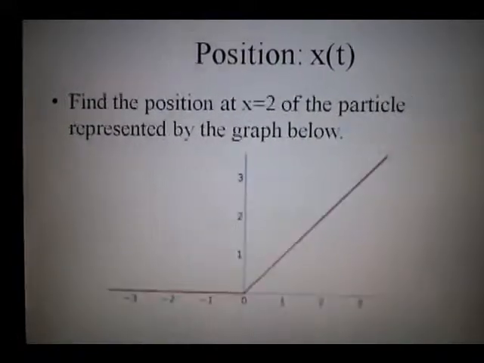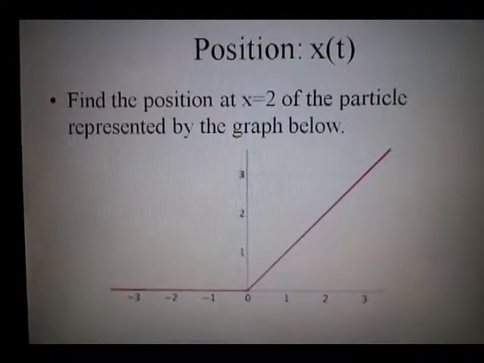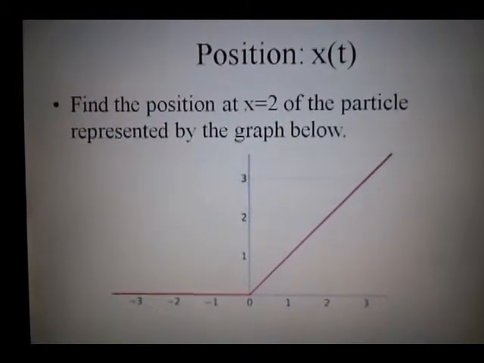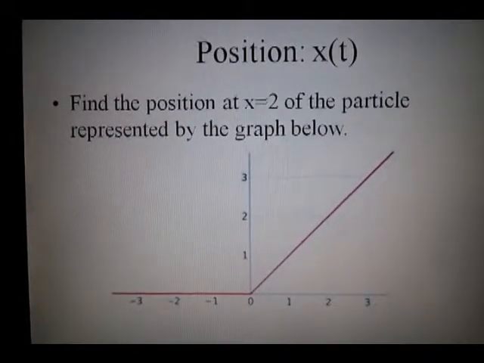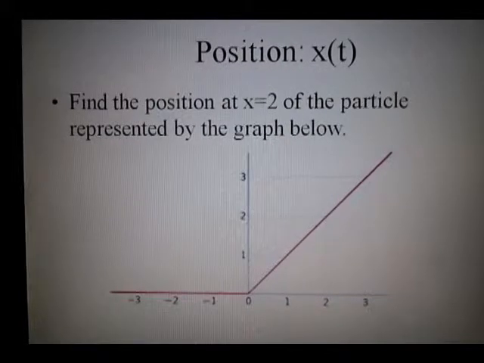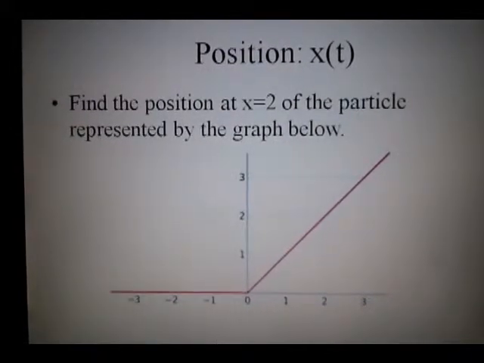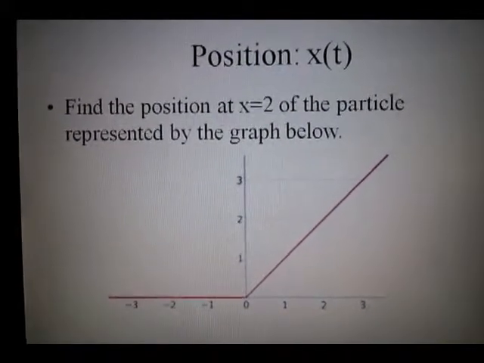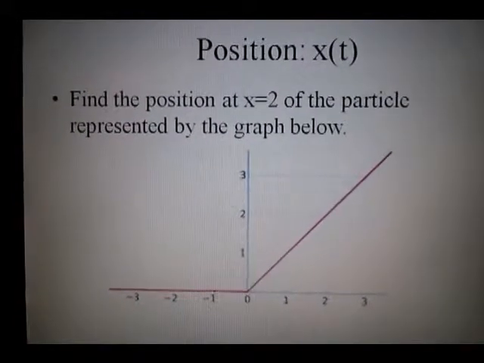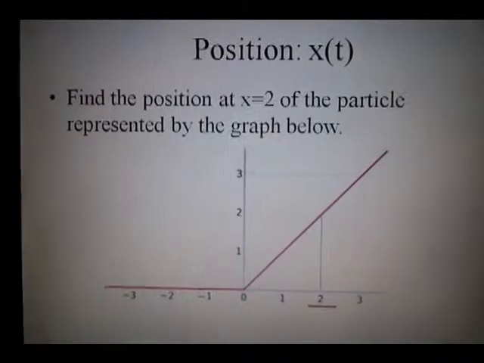Now we're going to find position using a graph. Find the position at x equals 2 of the particle represented by the graph below. Like in the other problem, you're already given something that represents the position of a particle, but this time it's the graph. So all you need to do is simply look at the graph at the x-axis and find the number 2.